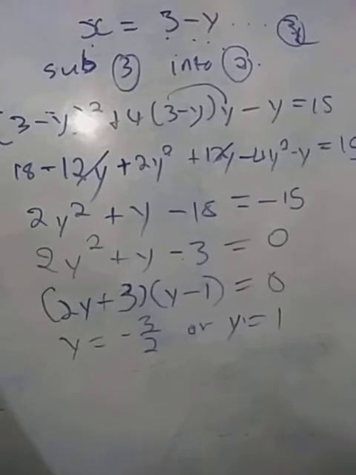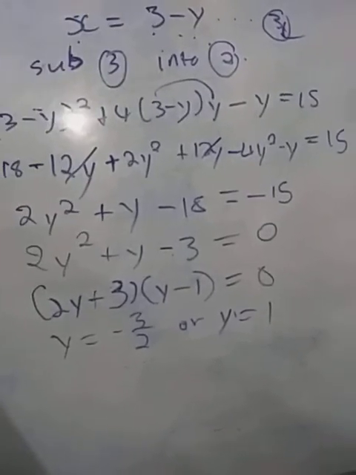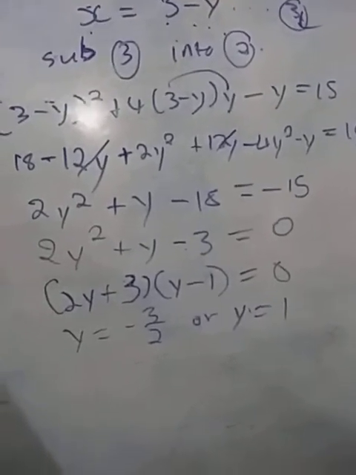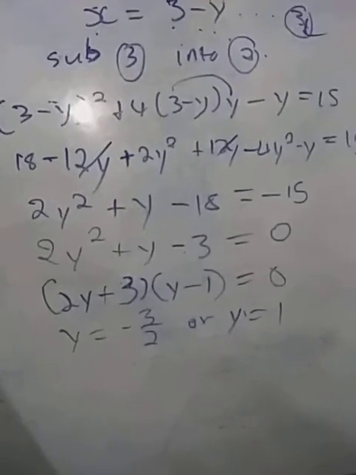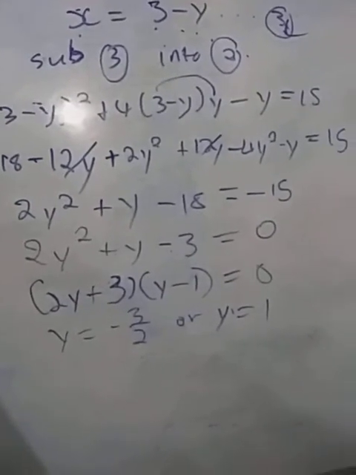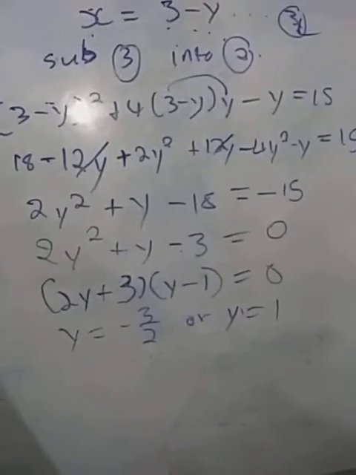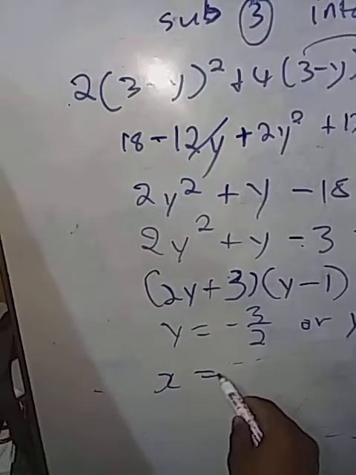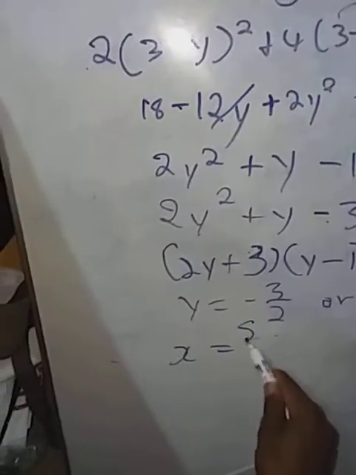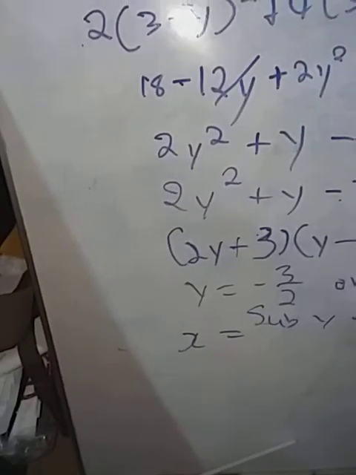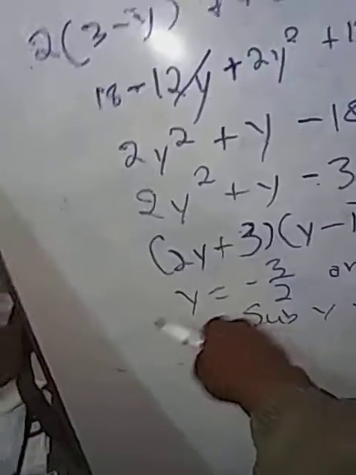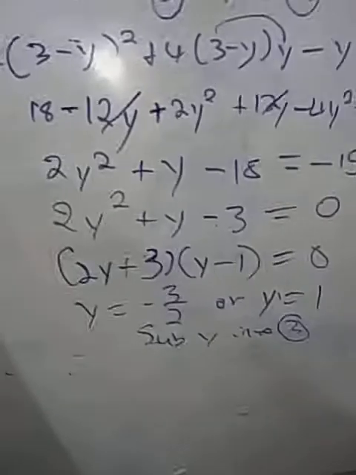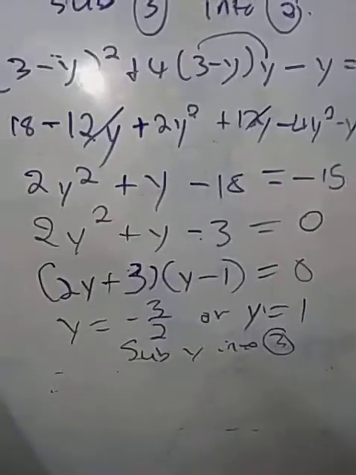You can take your y values and substitute them in equation 3 in order to get the corresponding x values. Then you can just say x equals, or you can write a statement and say sub y into equation 3. I just don't love writing statements. Actually, if you think about it, mathematicians are lazy.